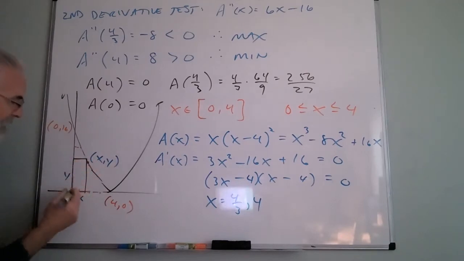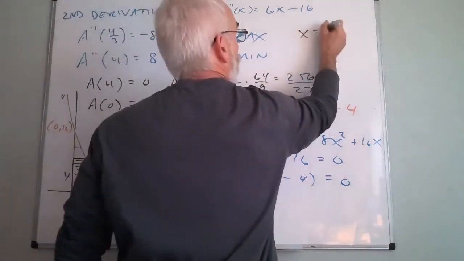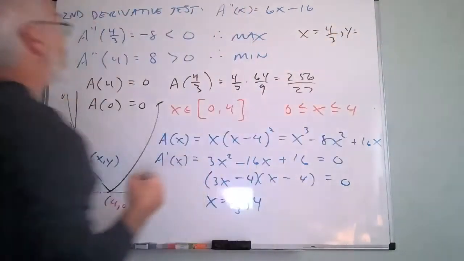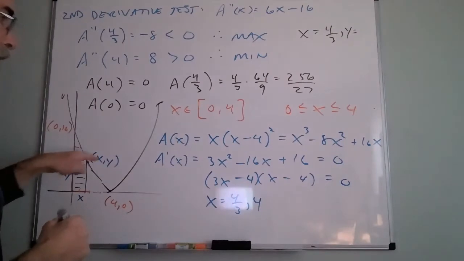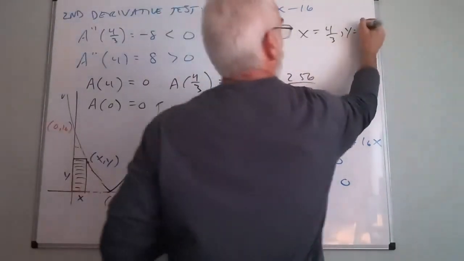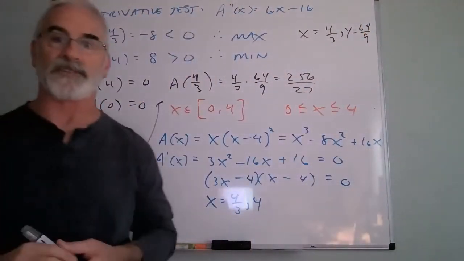There we go. So my maximum area is going to come when X is 4/3, and then Y would be, again, what's the value here? We said (4/3 minus 4) quantity squared, that'd be 64/9. So that's the dimensions of my rectangle that maximizes the area.